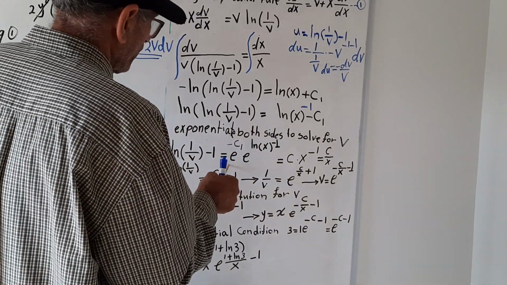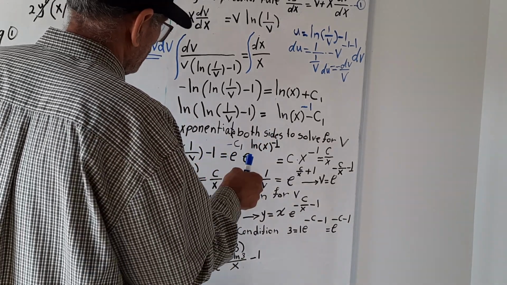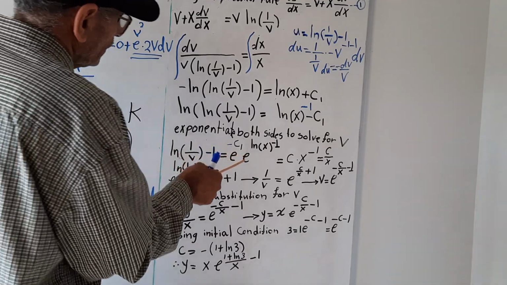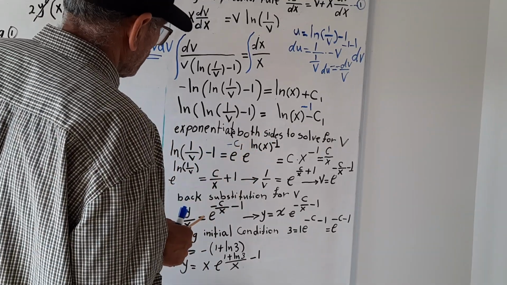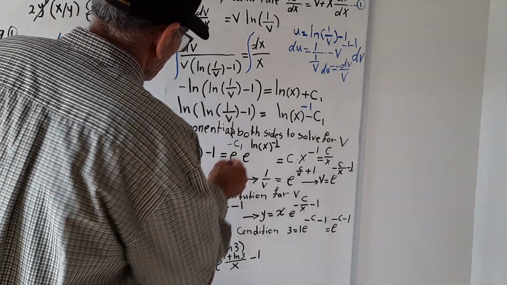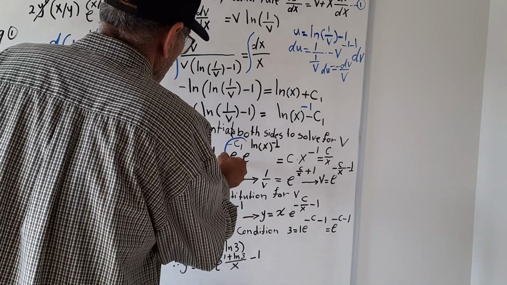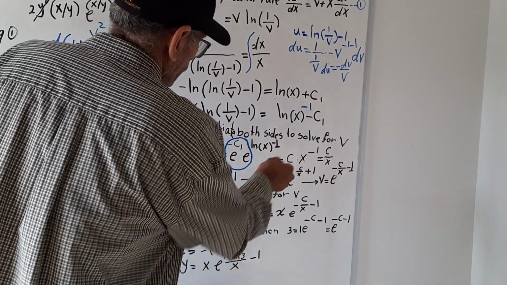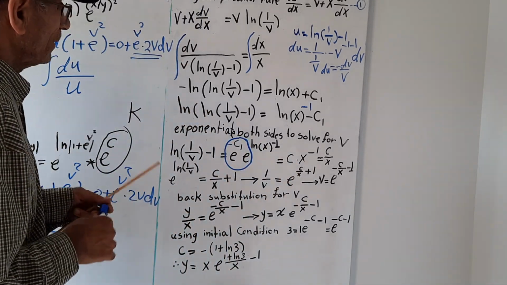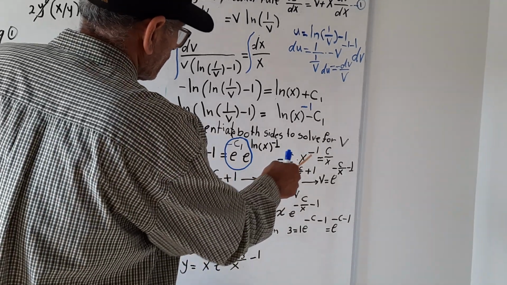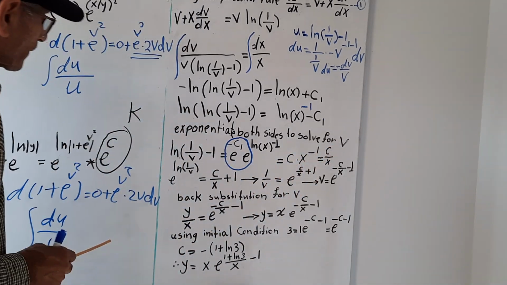So it will be like this, in this form, e to the minus c1. So here again it is another constant. We call it c, not c1. So c over x.